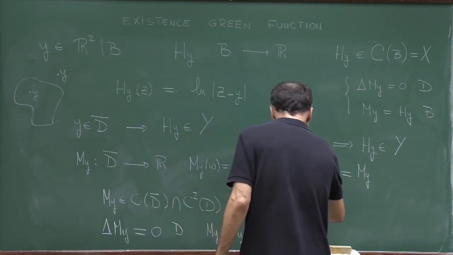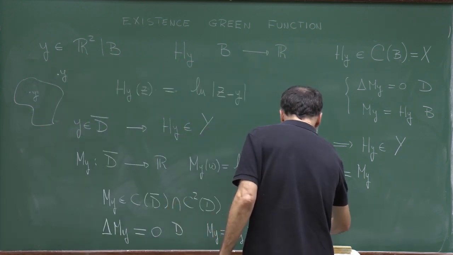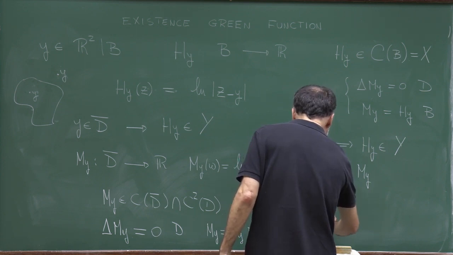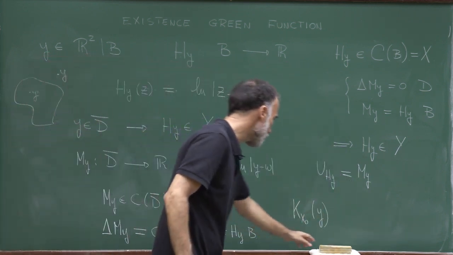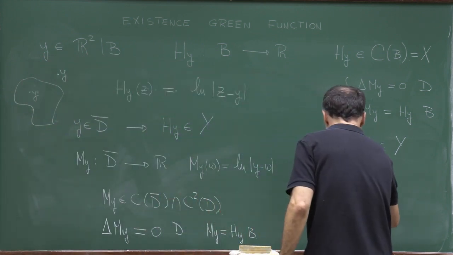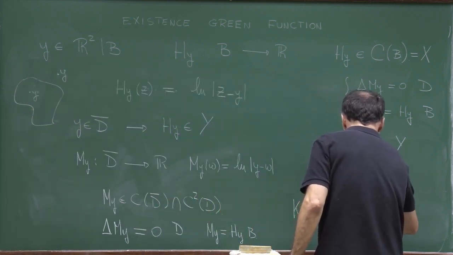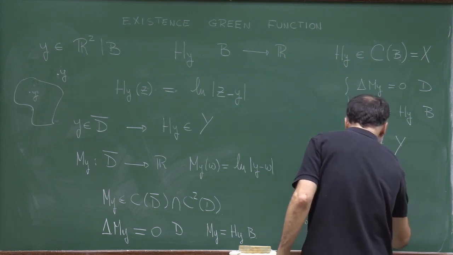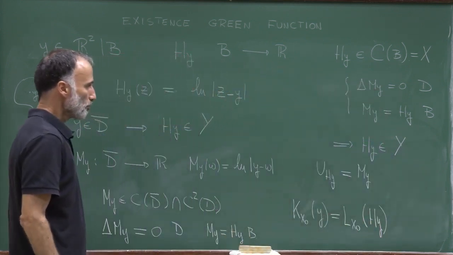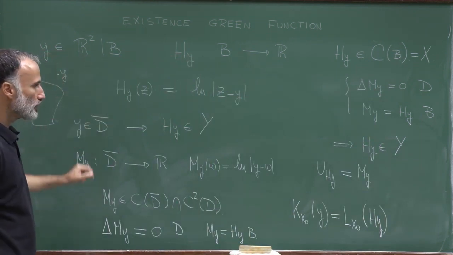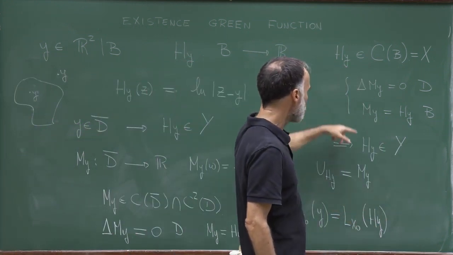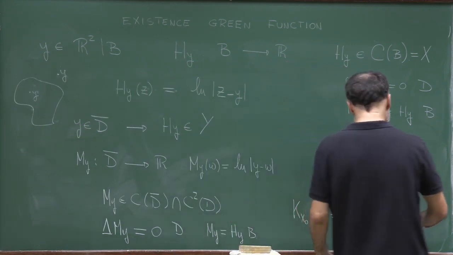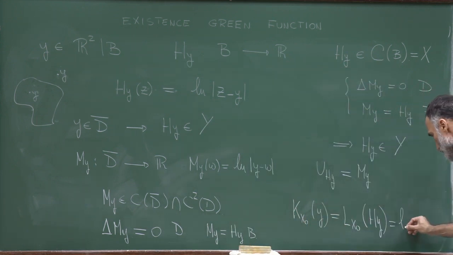So I will define K_x0 of y, for y outside D, as L_x0 of h_y. But since I'm assuming here that y does not belong to the closure of D, h_y, as we just saw, belongs to Y. And therefore, since L_x0 is an extension, this is actually l_x0 of h_y.